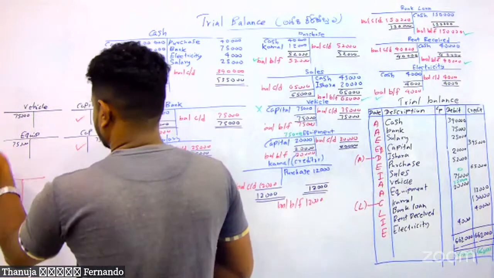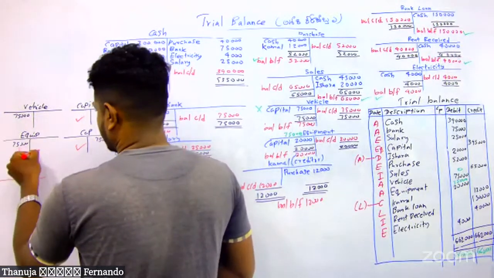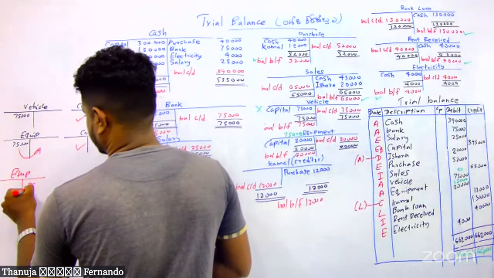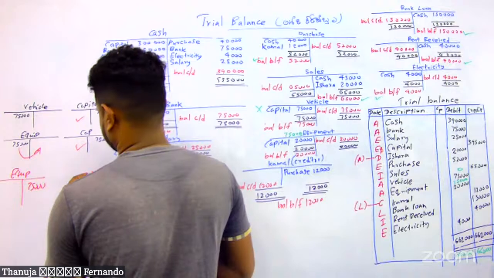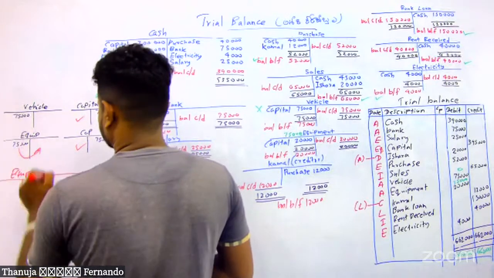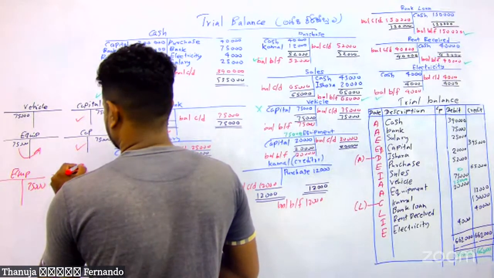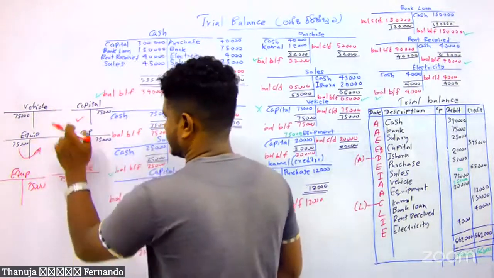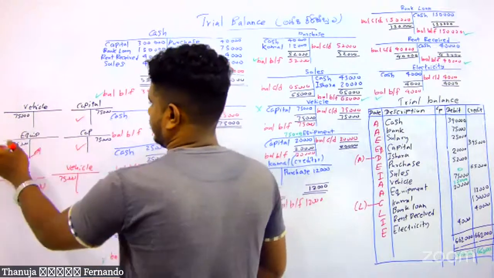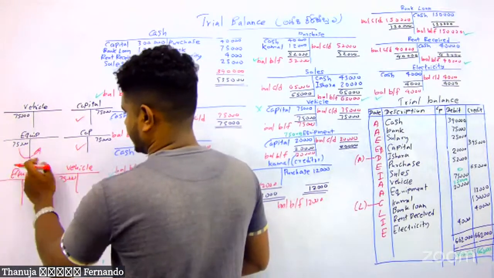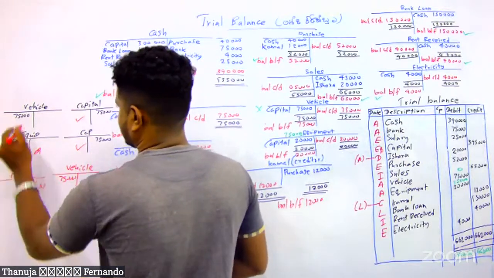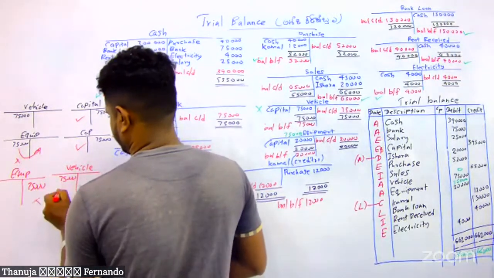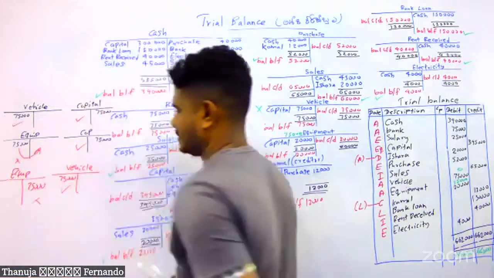First we have to remove this. We have to credit this, no? Then equipment account credit 75,000. Then we have to take this, and for the vehicle account, then cut off, then we have to write another thing for him, for vehicle, right?